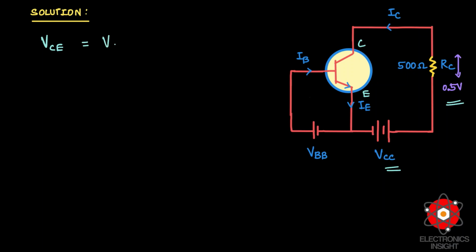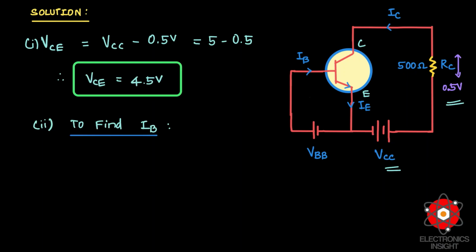So therefore you can write it as VCC minus 0.5 volt. If it is not given, we will write it as IC into RC. We should find IC and we have RC, so you need to multiply and find the voltage drop. But here in this problem, the voltage drop is given directly. So we just subtract it from the total supply voltage VCC. And we know VCC is 5 volts, so it is 5 minus 0.5, which is equal to 4.5 volt.